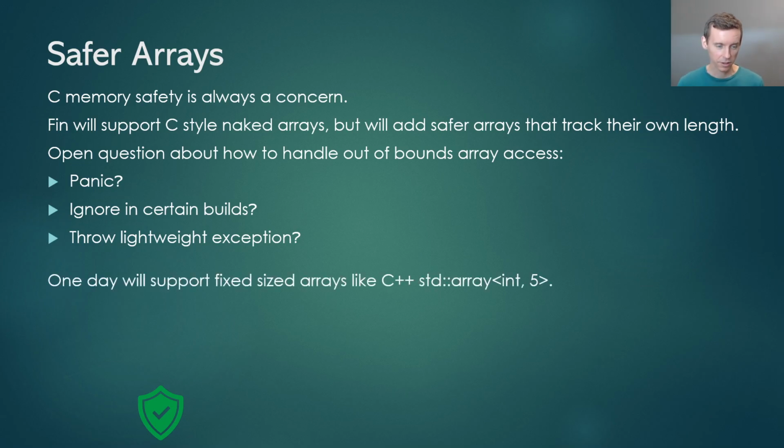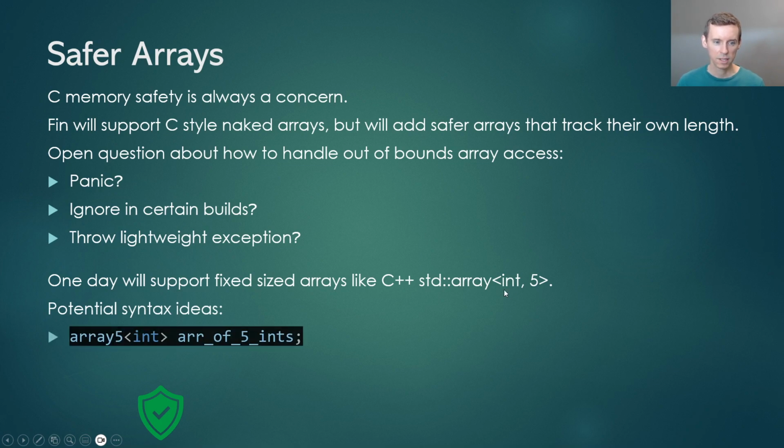But longer term, I want to one day support fixed size arrays like the C++ standard array, where it combines a data type and the actual size. So there's potential syntax ideas of how we could get C# or Fin to support this. We could have array5 of type int, basically meaning this is an array of 5 ints.